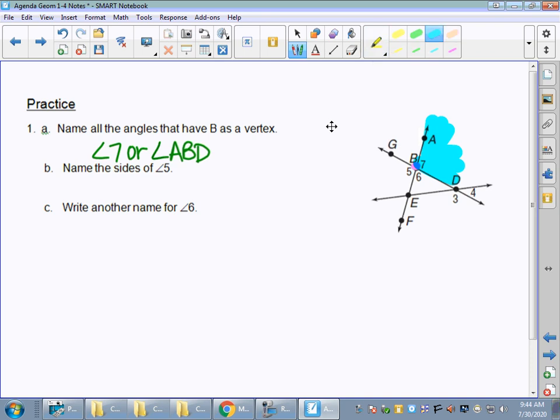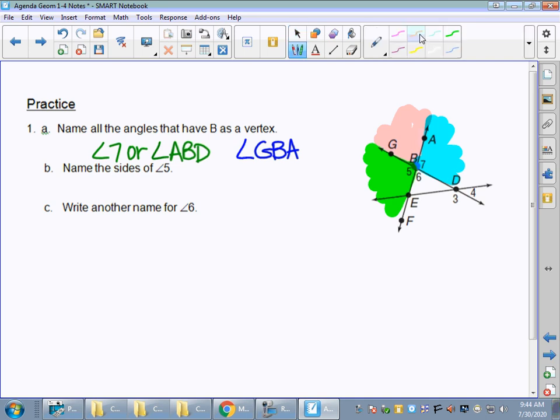I also see this angle up here. This one usually people save for last, but since I'm in charge, I'm not going to. That doesn't have a number in it, so I have to name it with 3 letters. Vertex in the middle, so angle GBA, or I could name it ABG, as long as B is in the middle. I've also got this angle down here that has B as a vertex.